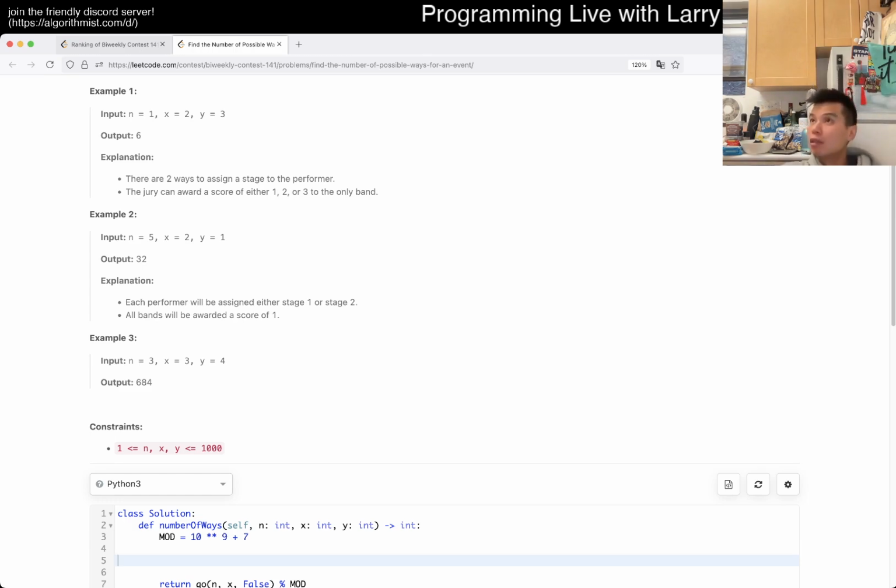Okay, so it has to be at least 27, but then the y is the hard part. How many of those 3 to the 27 have only one group?